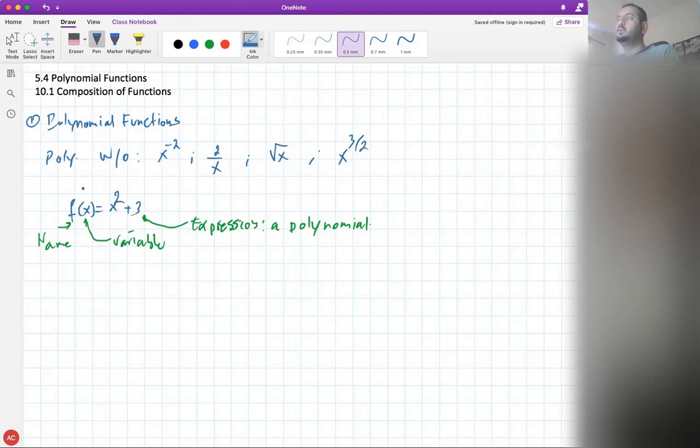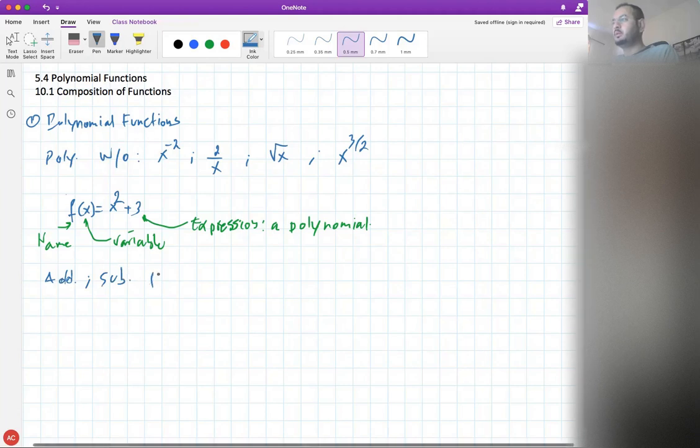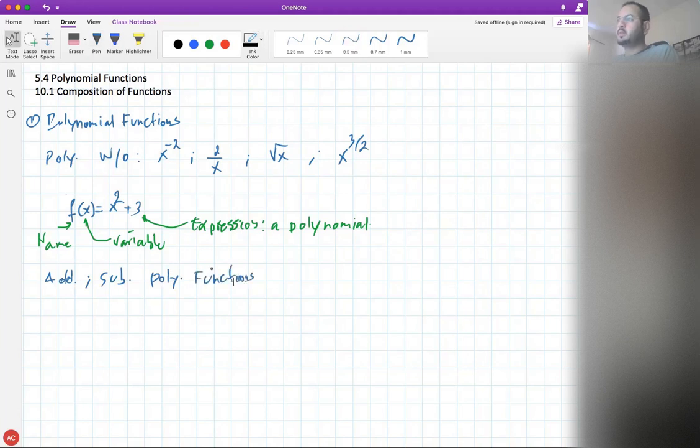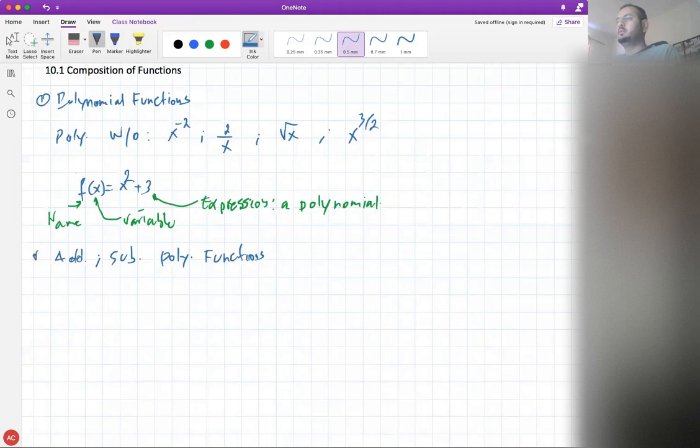And whatever we did with the polynomials last time, we added, we subtracted, we multiplied. All of that applies to polynomial functions. So, for example, we can add and subtract polynomial functions. It's very simple. So we need at least 2 to add.